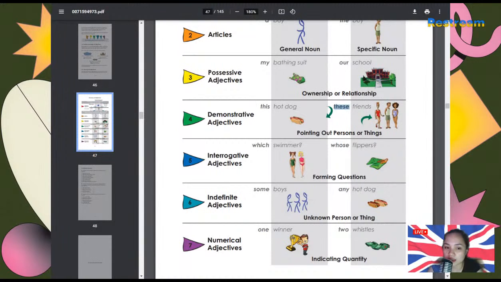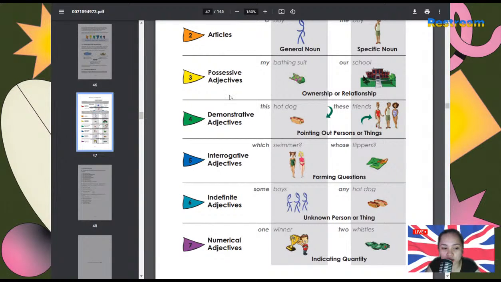Again, it is pointing out persons or things. So we have this hot dog. Hot dog is singular, so we put this. While friends is plural, so we put these, as a demonstrative adjective.